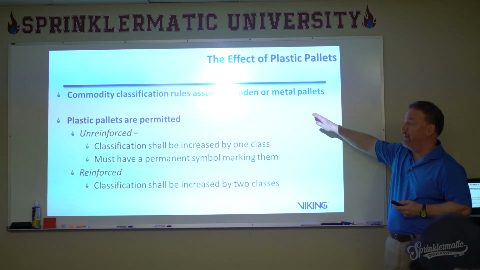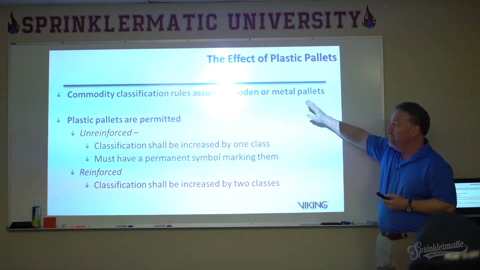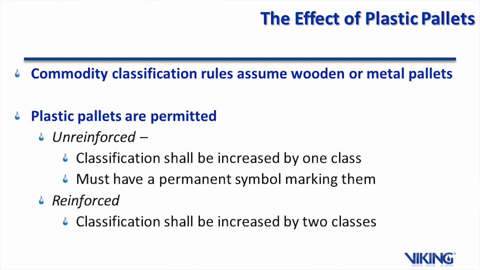So here's the impact. The commodity classification, as we said before, assumes wooden or metal pallets. That's what it was based on. Plastic pallets are not just permitted, they're used. That's a fact of life, as long as we follow these particular rules.